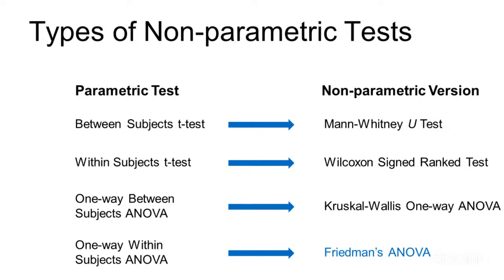But here there can be more than two conditions, for example, pre, during, and post. So if there are three periods, and you want to know whether the period has any effect on the dependent variable or not, then you can use the Friedman ANOVA. Next.